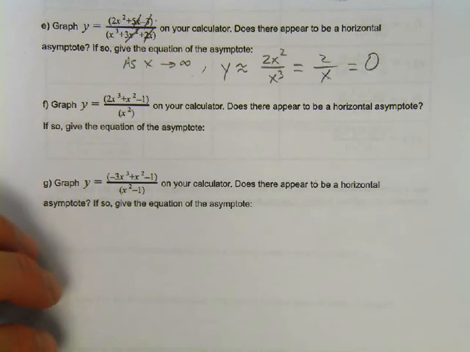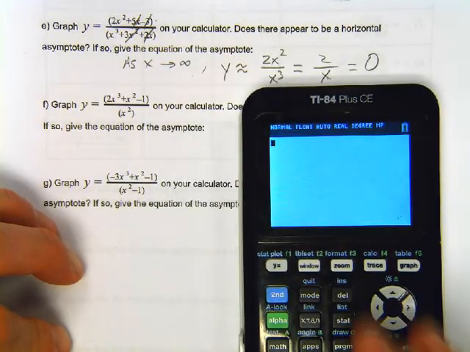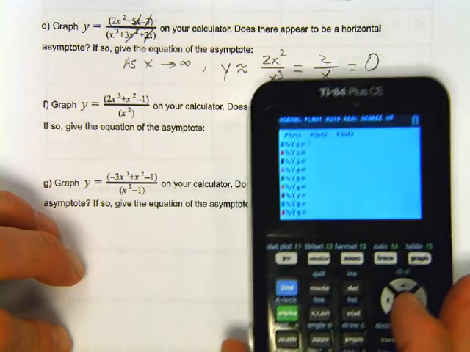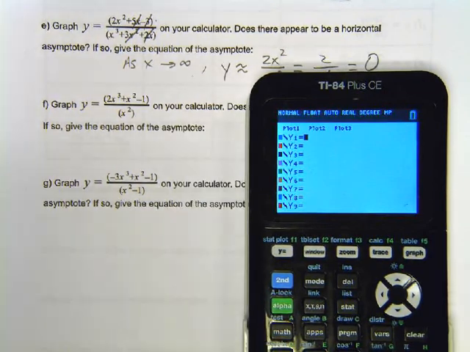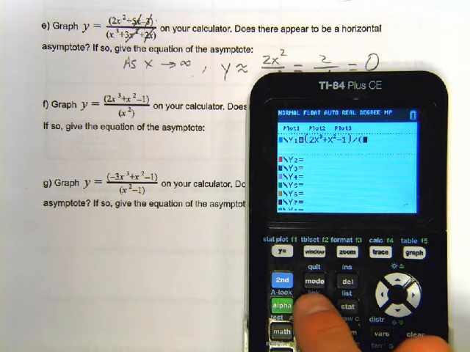All right. There's another one. Holy mackerel, lots of things to graph today. Let's graph parentheses 2x cubed plus x squared minus 1 divided by parentheses x squared close parentheses.